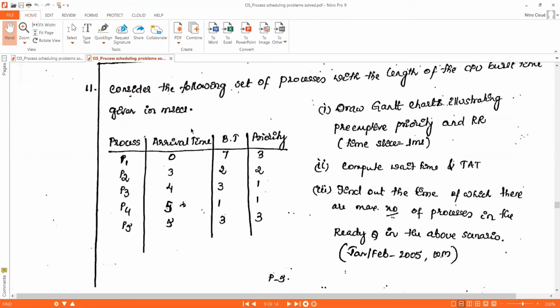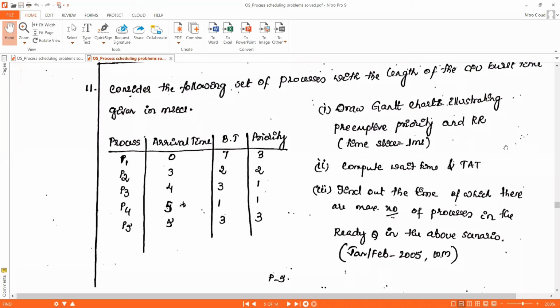That is preemptive scheduling. In priority preemptive scheduling, the process which is already executing in the CPU will be preempted if a higher priority process comes to the ready queue, and that higher priority process will be allocated the CPU. Okay, that is preemptive priority.